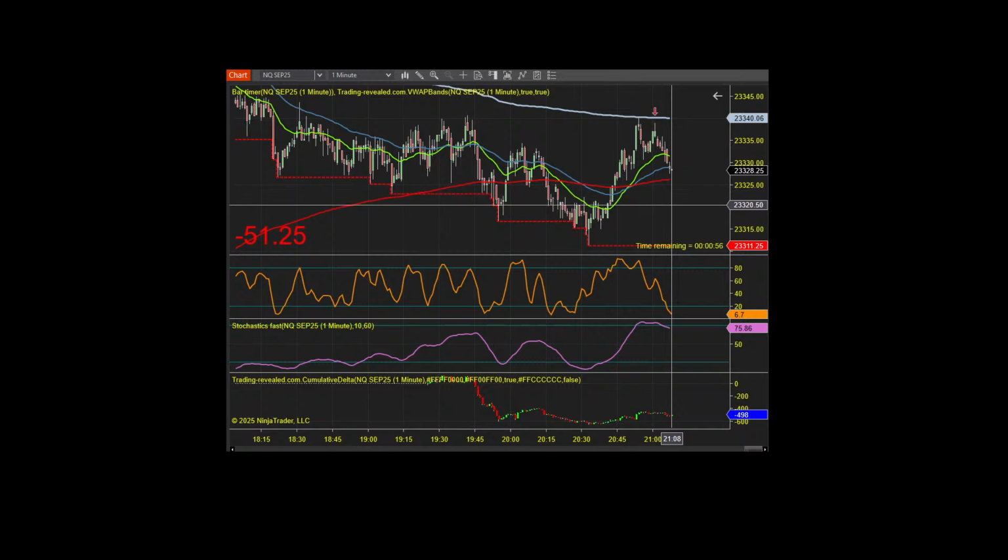Let's see. We may rotate back down to the 20. Either way, if you are short from here or around this area, you're down here in the oversold 9.3.